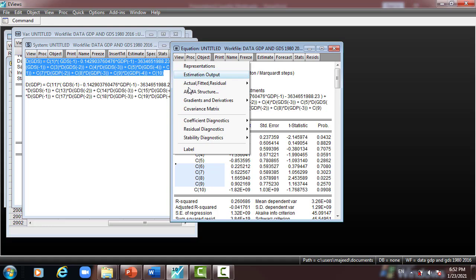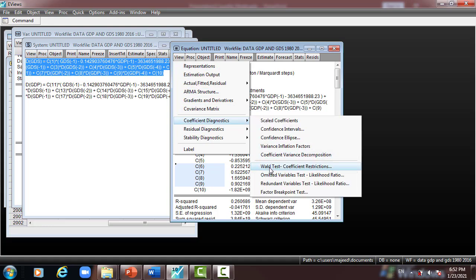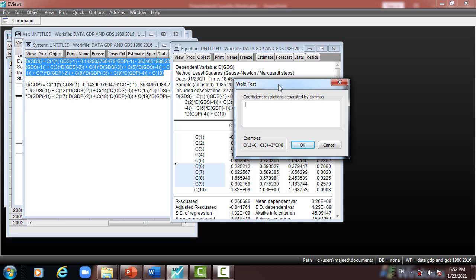I go to view, coefficient diagnostic, Wald test, and then we type C6 equal C7 equal C8 equal C9 equal 0. Double check. This is the null hypothesis for GDP lag 1, lag 2, lag 3, and lag 4, which is C6, 7, 8, and 9, and click OK.